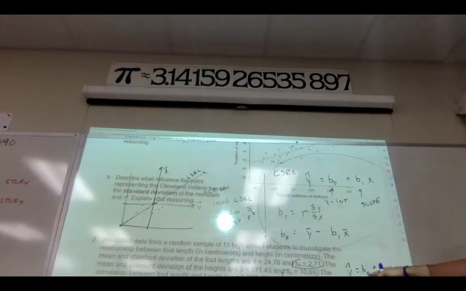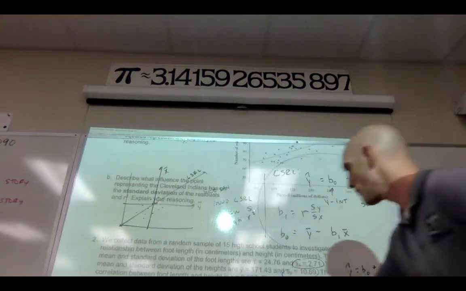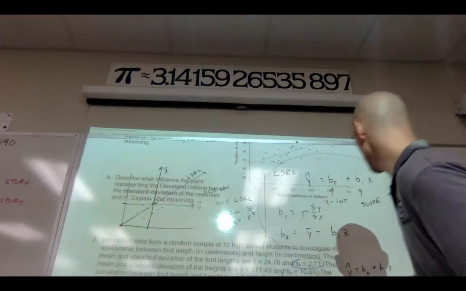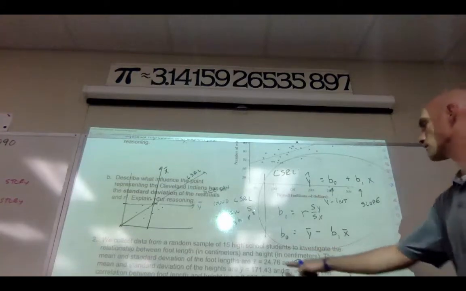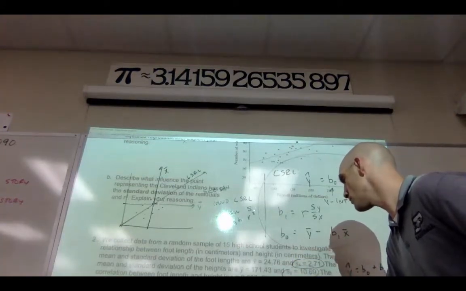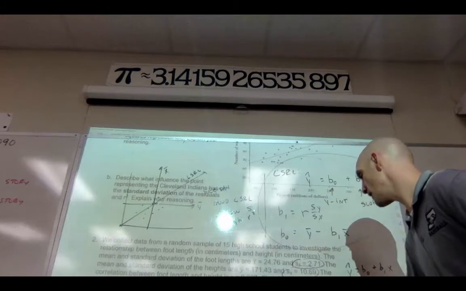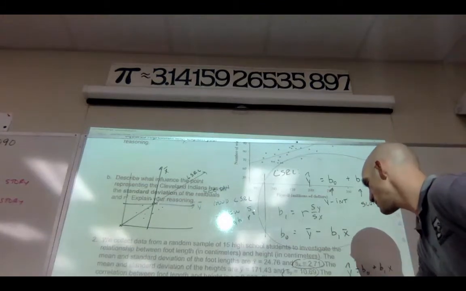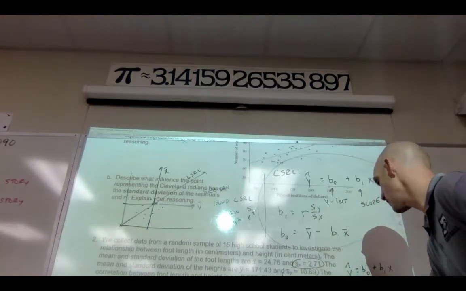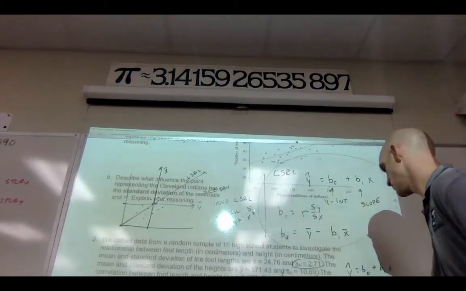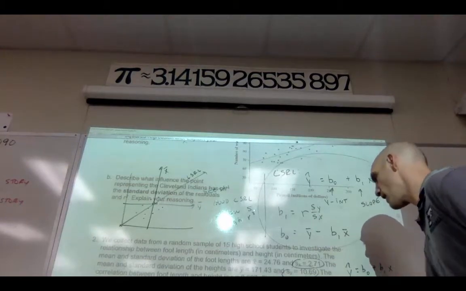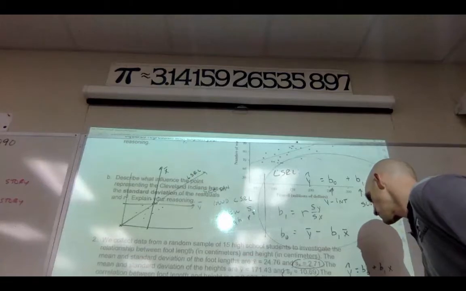So then for my b sub 0, I'm going to do a little calculation. b sub 0 is equal to y bar, so that would be 171.43 minus 2.75 times 24.76.